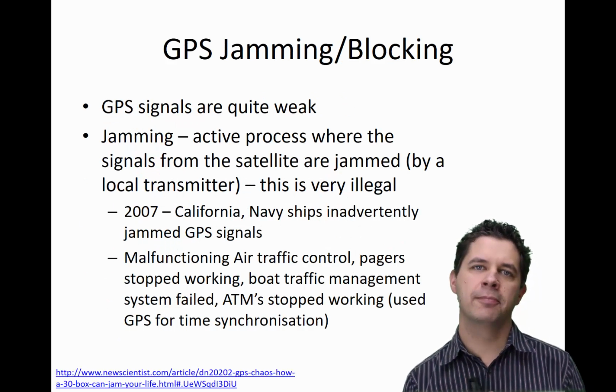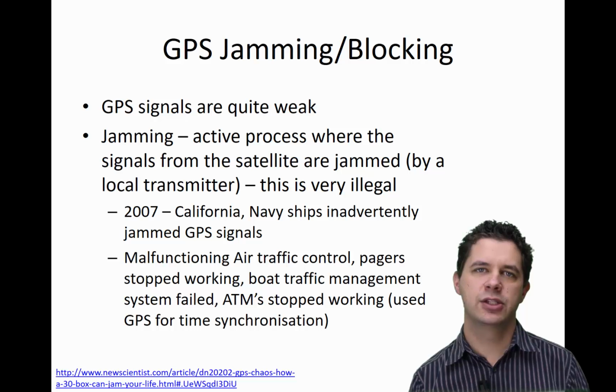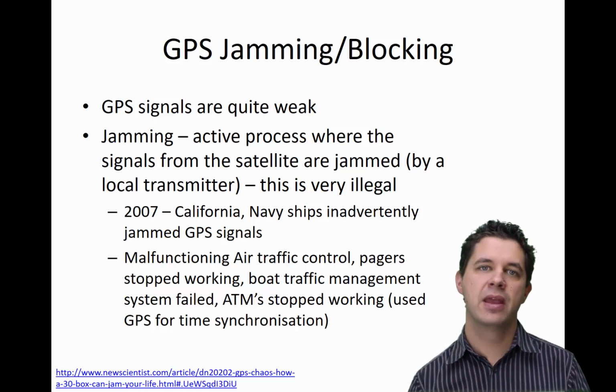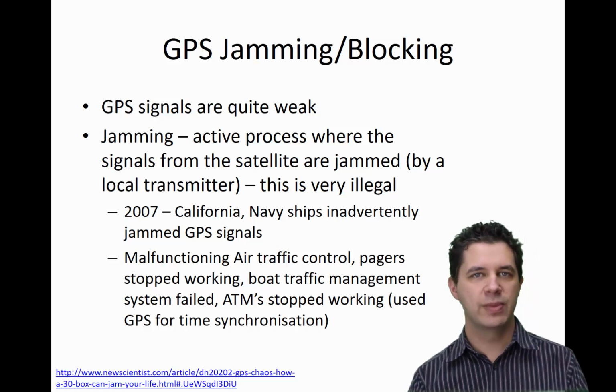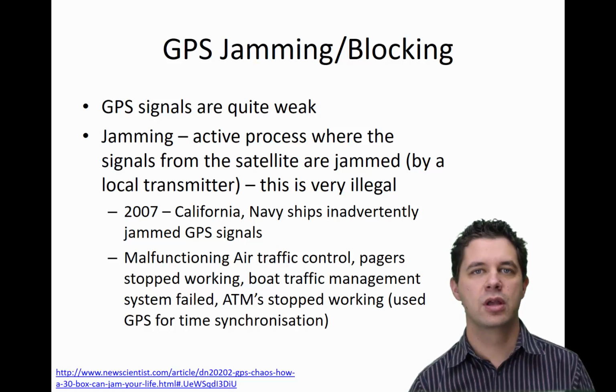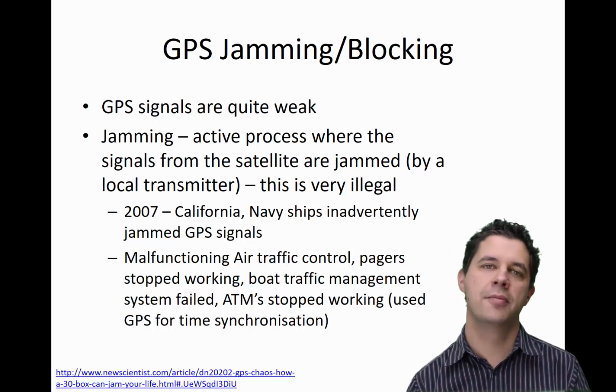Another issue is jamming. GPS signals aren't particularly strong, and so they can be actively jammed or blocked, basically by having a localized transmitter that's transmitting over the top of the GPS signals and preventing receivers from receiving those correct signals. And we should mention this is completely illegal, but has occurred, and has occurred accidentally as well.